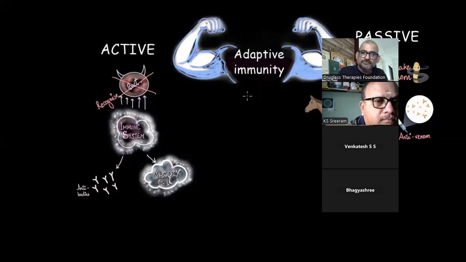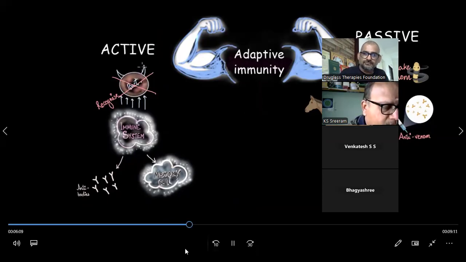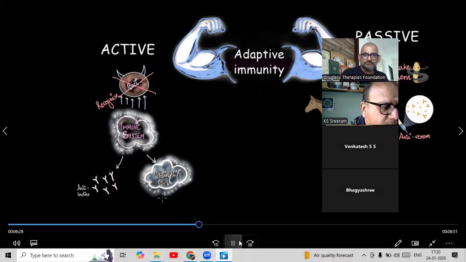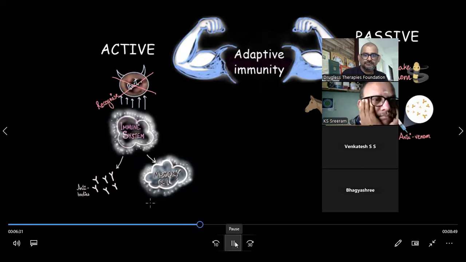Now, apart from the difference of producing our own antibody in case of active immunity and introducing external antibody in case of passive immunity, what other differences can you spot between these two types of adaptive immunity? Just pause the video for a second and think about it. Alright, so the first difference that I can spot is the memory cell.